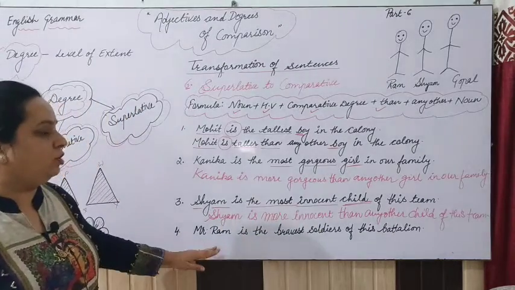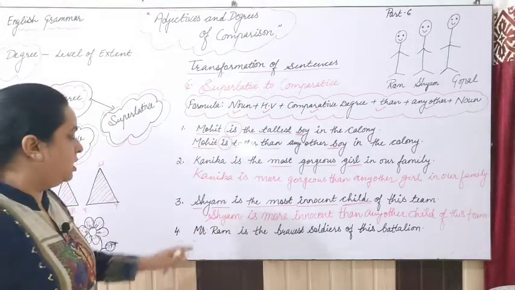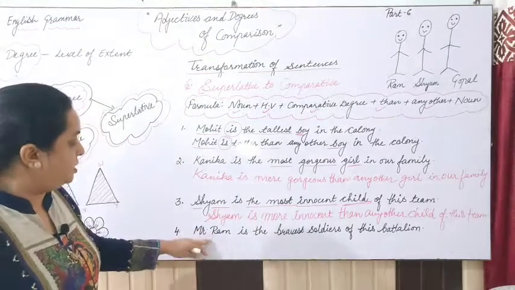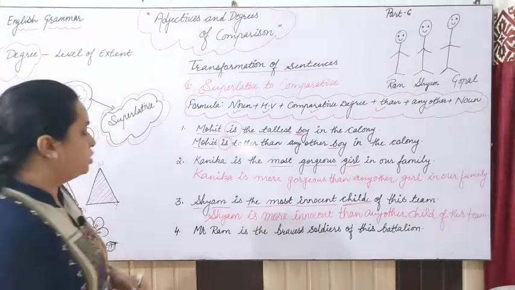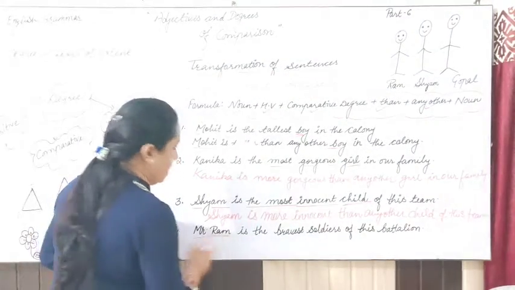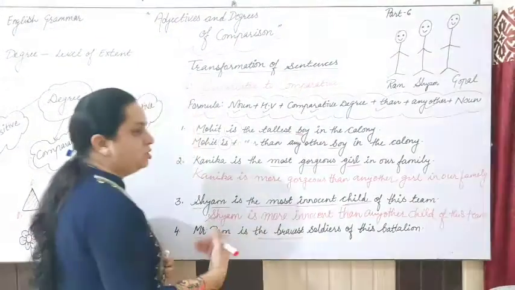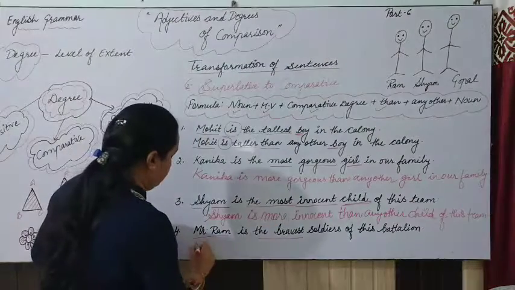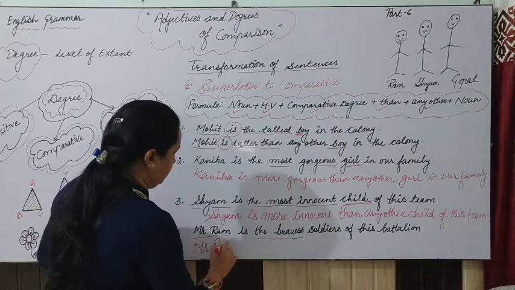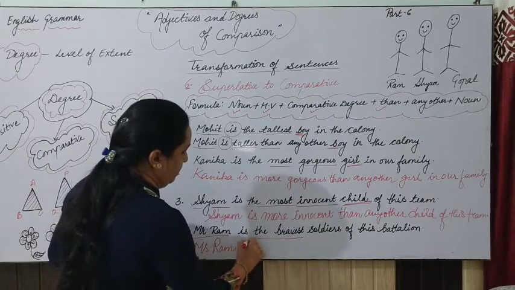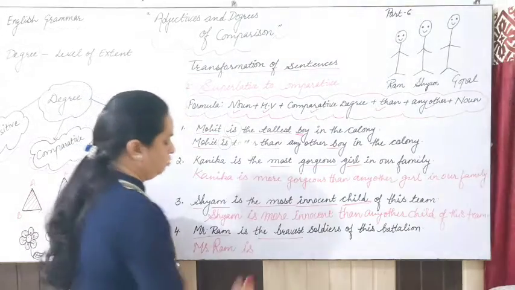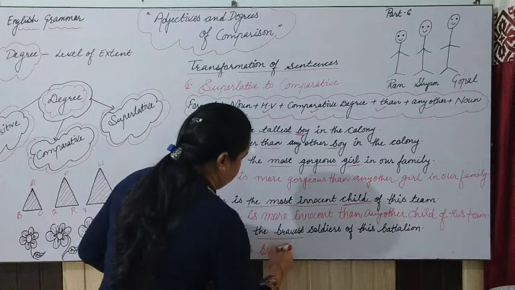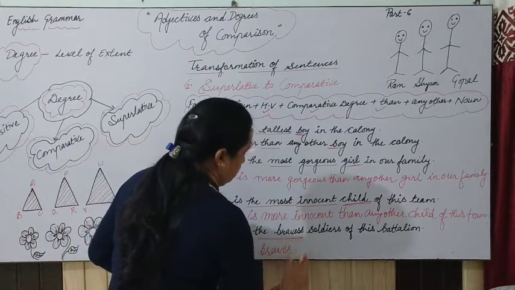Next, the last question of the exercise: Mr. Ram is the bravest soldier of this battalion. So what will you do here? Mr. Ram, and the bravest is the superlative degree. Mr. Ram, then the helping verb, then the comparative degree of bravest, which is braver.